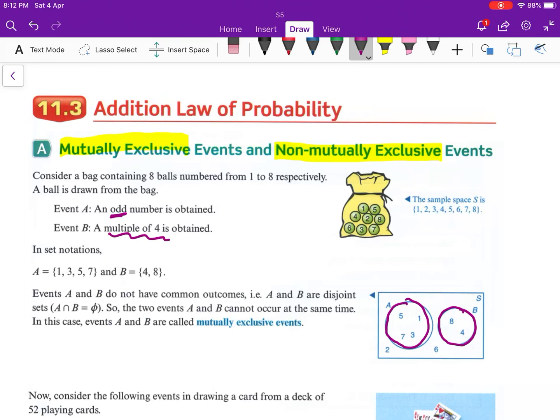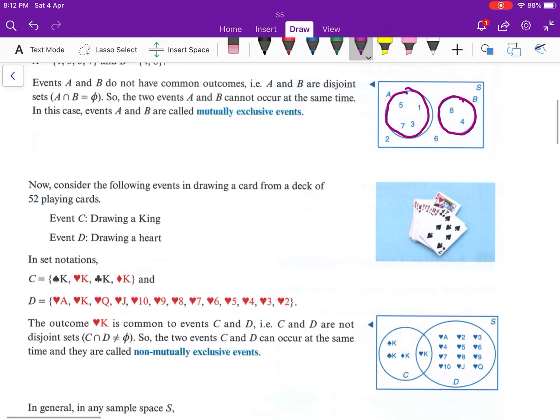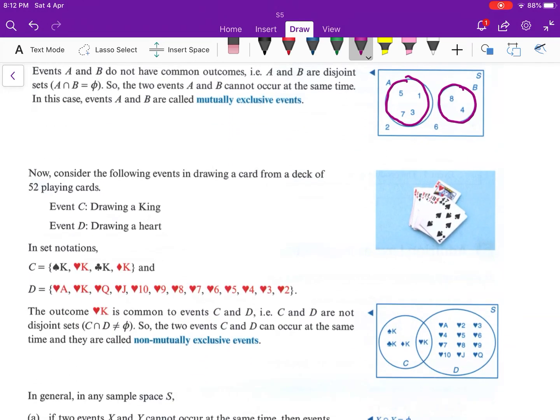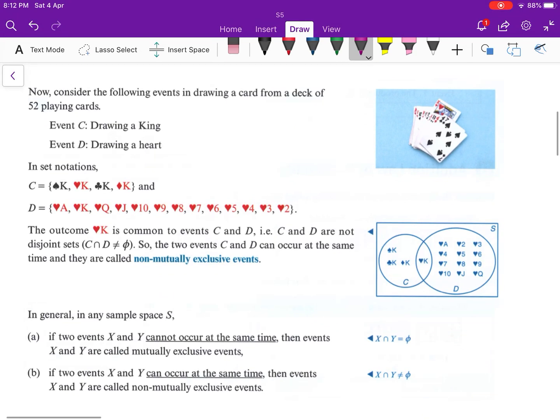Now take a look at what non-mutually exclusive means. This is just the opposite of mutually exclusive. Take a look at this example. Event C is about kings. If you're playing a poker game and you want to draw a king, in total you have 4 kings. Event D is about all the heart cards.